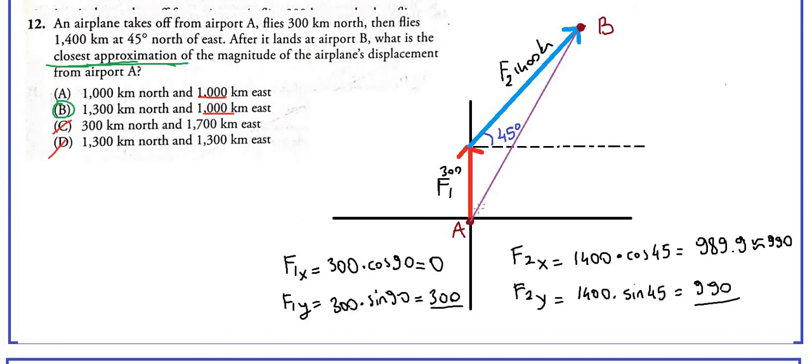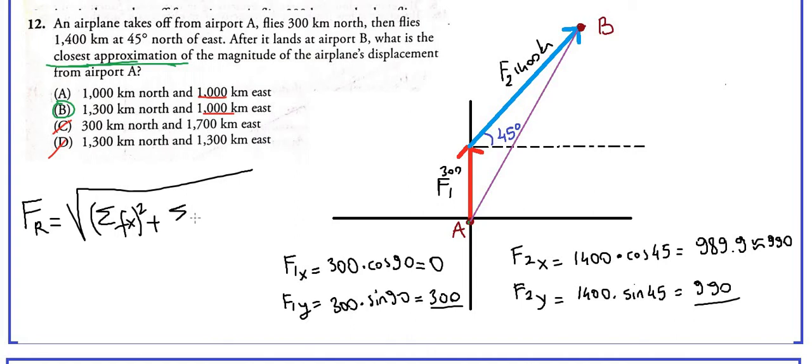If they were asking what is the closest approximation of the distance from point A to point B, then they were asking for the resultant vector. Let's call it force R, which would be equal to the square root of the total x component squared plus the total y component squared.